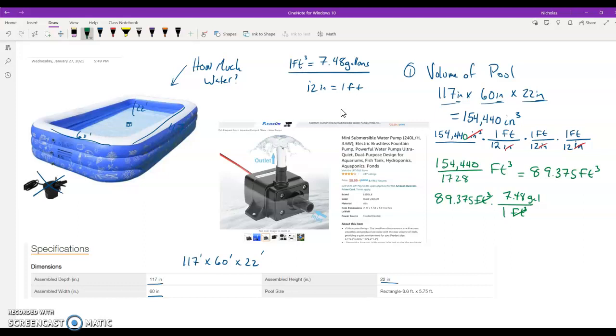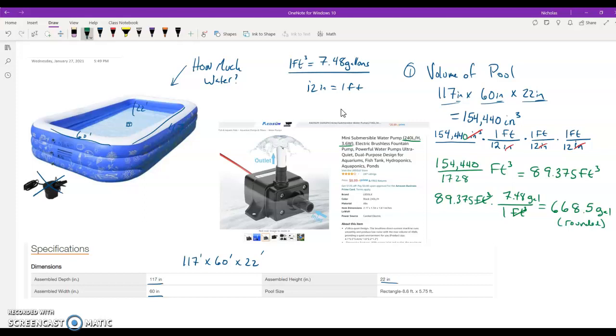And I get 668, I'll round this, 5 gallons. And I'm just going to make a note here that we rounded this. We always want to let our reader know that we rounded this. Okay, so we know that there's a lot of water in there, 668.5 gallons.